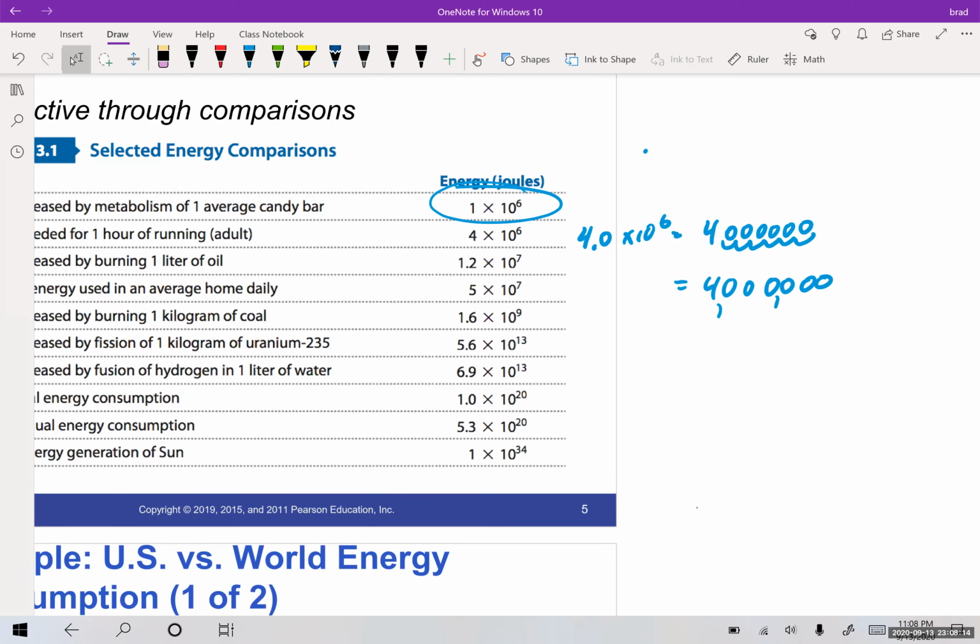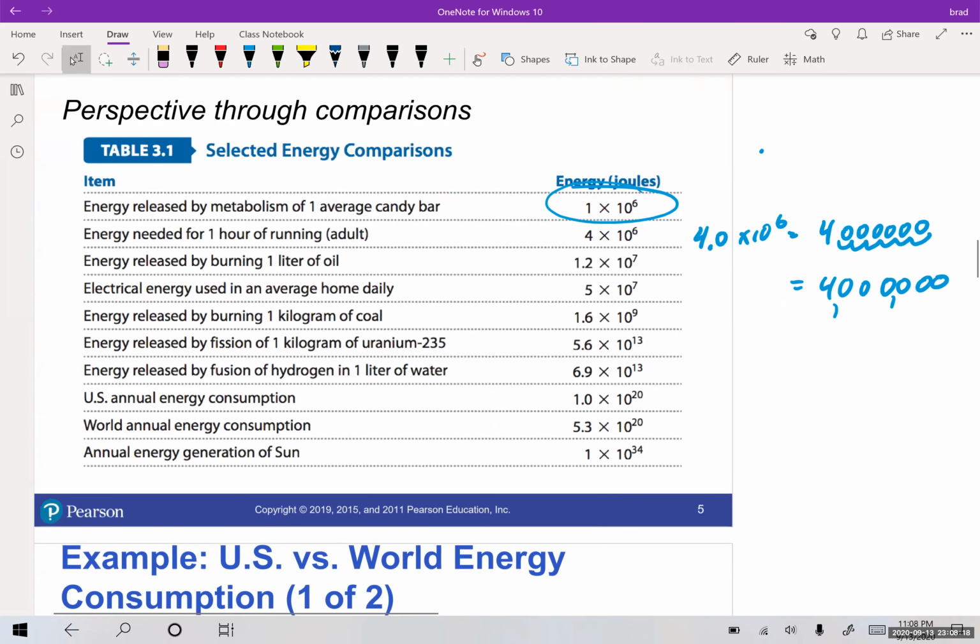But something like this, the reason they want you to do this is they want you to see, okay, the energy released by fusion of hydrogen in 1 liter of water. Okay, so this is a nuclear reaction right here. So this goes 6.9, 1, 2, 3, 4, 5, 6, 7, 8, 9, 10, 11, 12, 13.